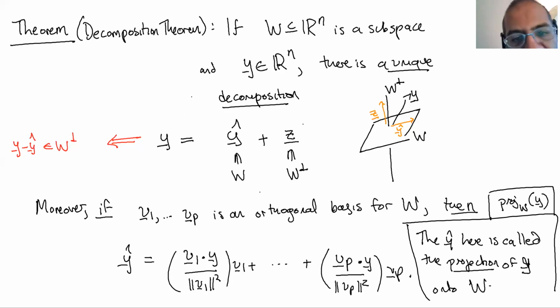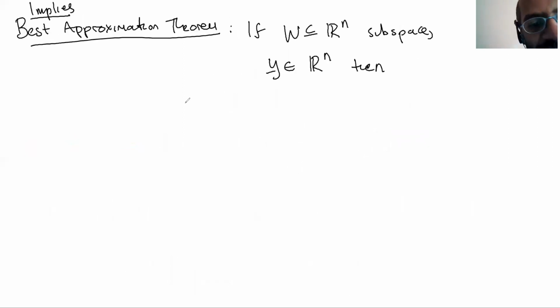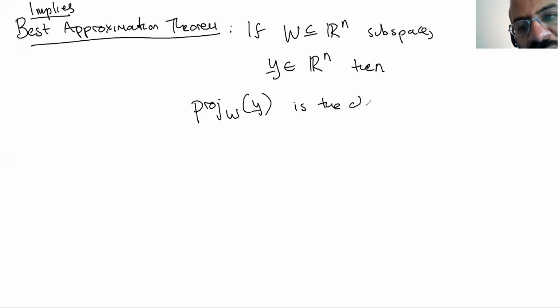With this notation, what this is saying is that the projection onto W of y is the closest vector in W to y.